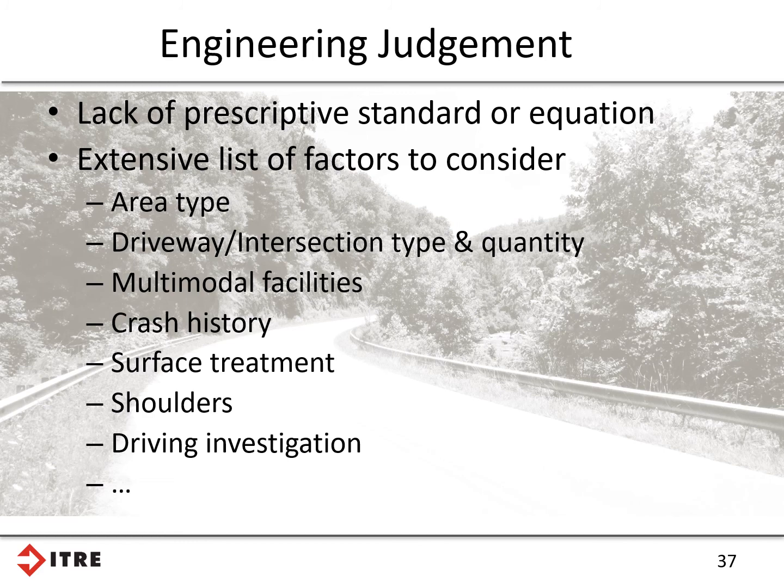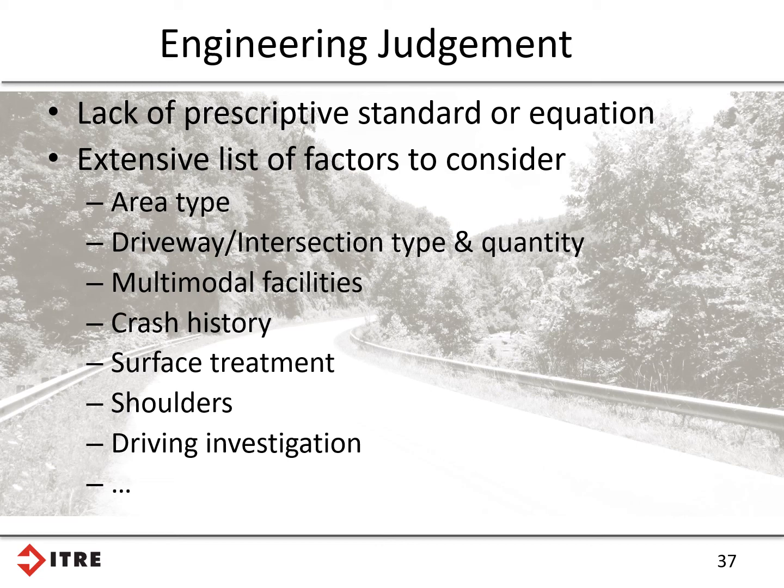Some of the things that should be considered are engineering judgment that needs to be built into deciding an appropriate speed limit. Again, there is a lack of prescriptive standard or equation. There's no 16-variable equation that says you plug in your numbers from the specific situation and it tells you what the speed limit should be.